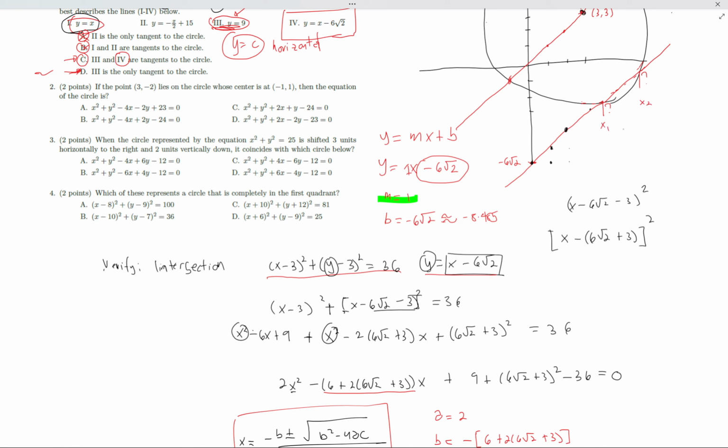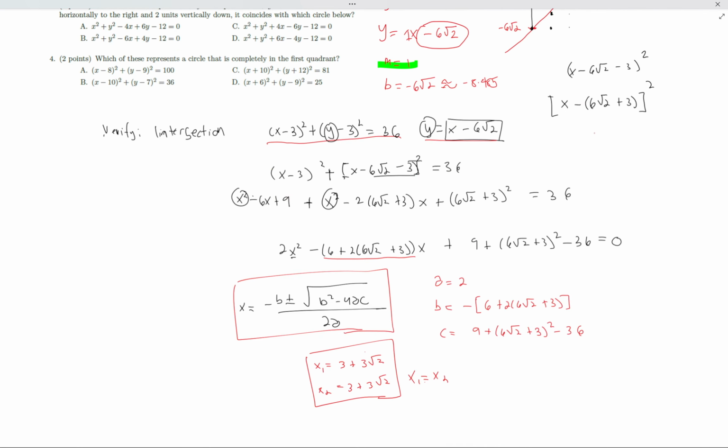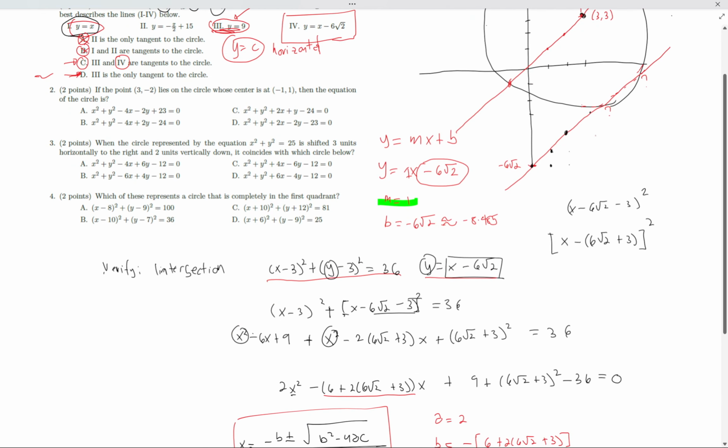But since these two are equal, from the results of the calculator, it indicates that they are the same. So x1 and x2 must correspond to the same x position. In this case, it corresponds to the same point.